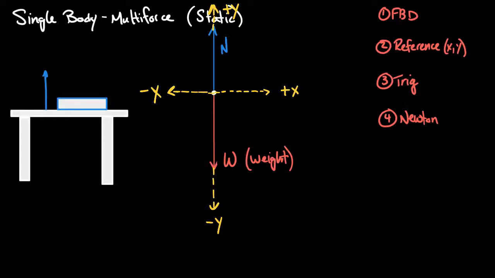And finally, we make it to step 4, Newton's laws. There are 3. We are only learning 2 right now. And this problem is an exemplar of Newton's first law. So we are focused right now on Newton's first law. Newton's first law is exemplified by a system that is either at rest or traveling at constant velocity.